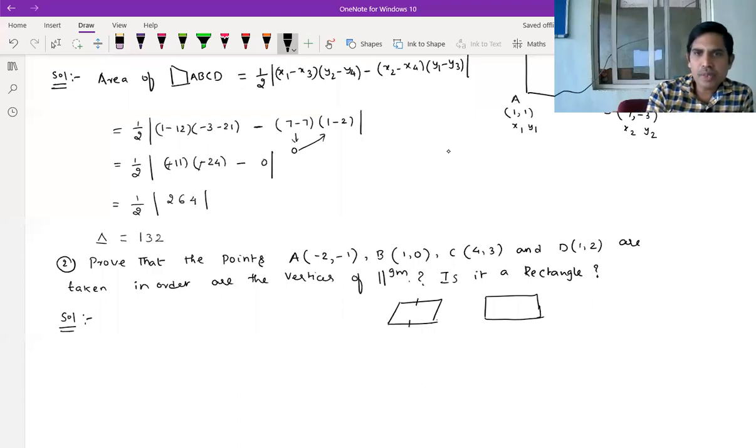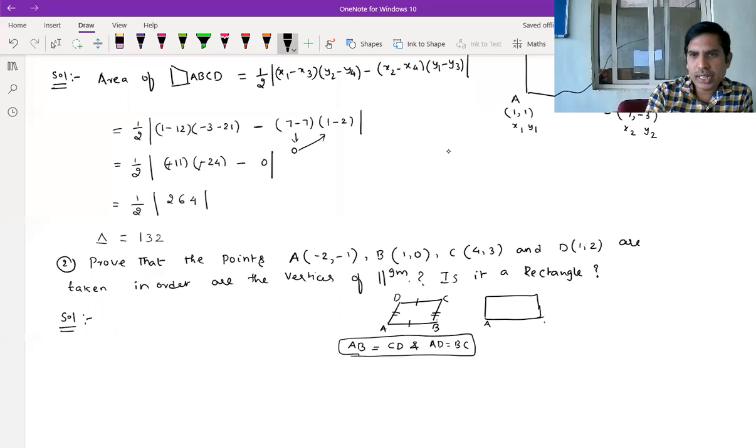In a parallelogram opposite sides are equal, and that is enough. If ABCD is a parallelogram, we have to prove AB equals CD and AD equals BC. This condition is enough to prove the given points form a parallelogram.